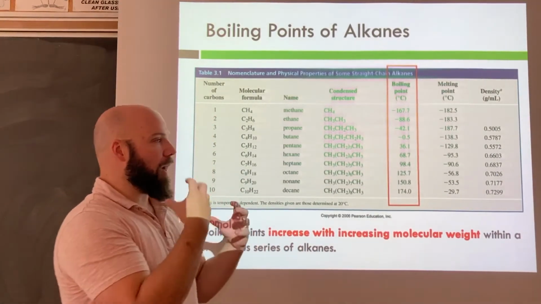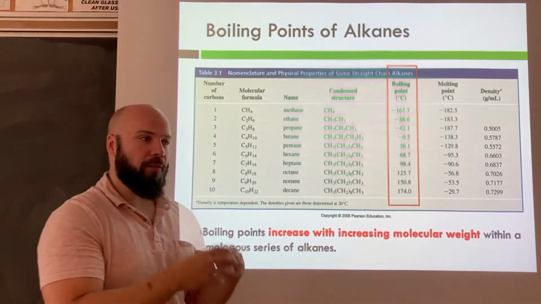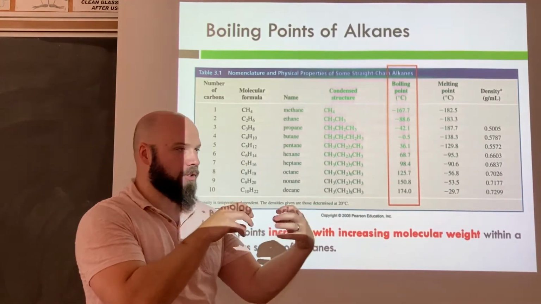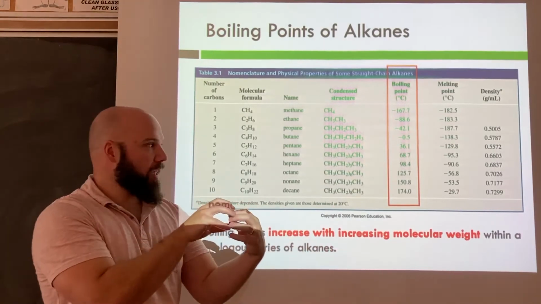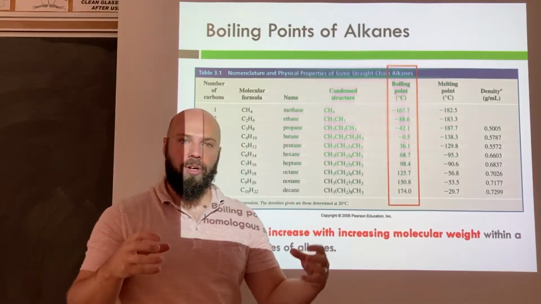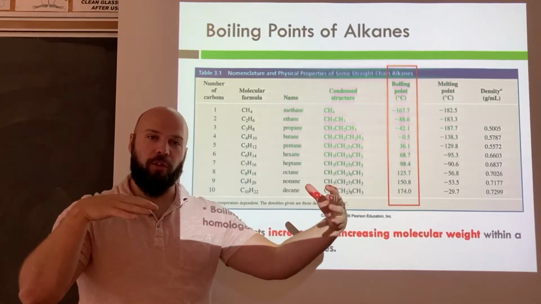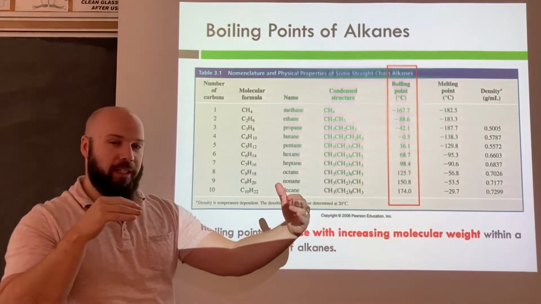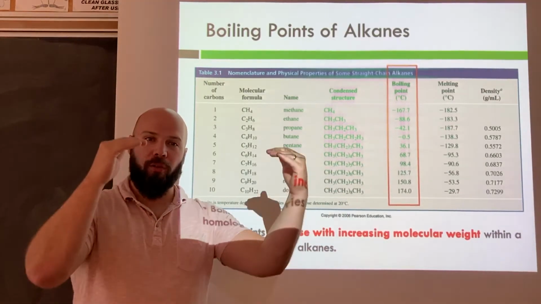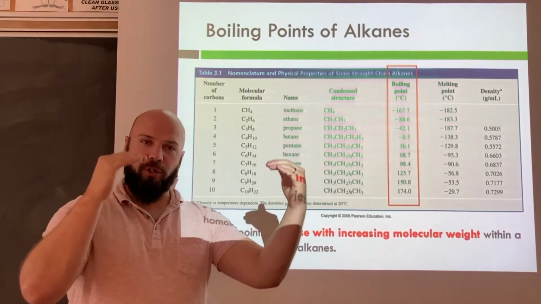That's a fact for molecules as well. But you're also adding more electrons. Every carbon and hydrogen contains electrons that are added to this chain. More electrons means there's a greater surface area. And a greater surface area means there's more interaction for London dispersion forces.